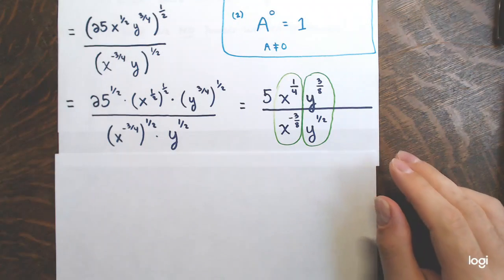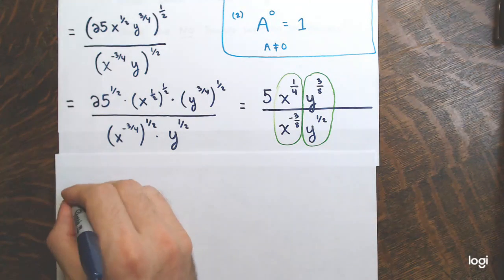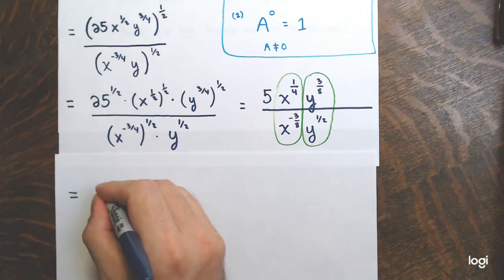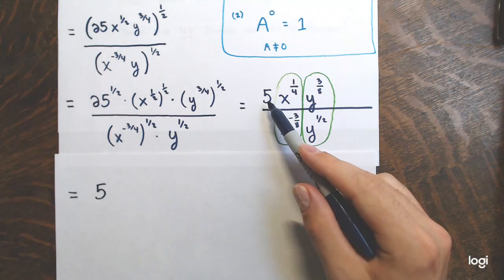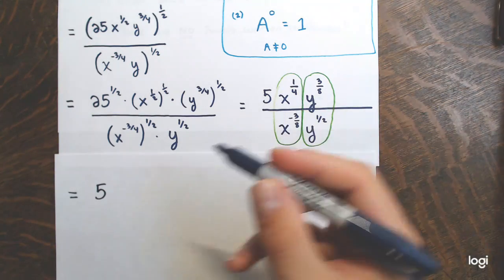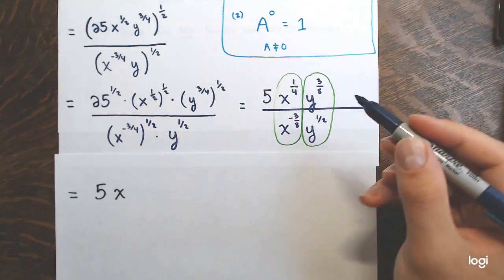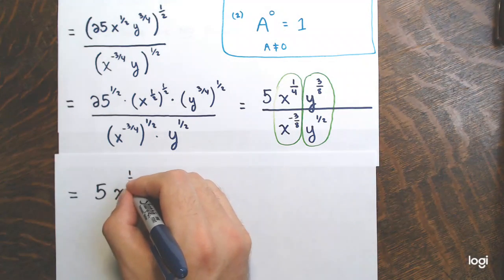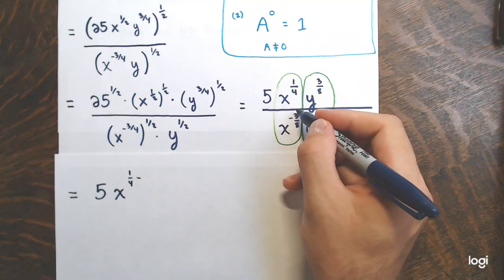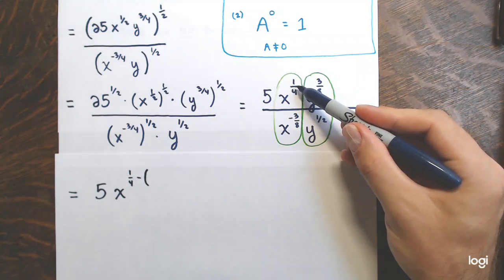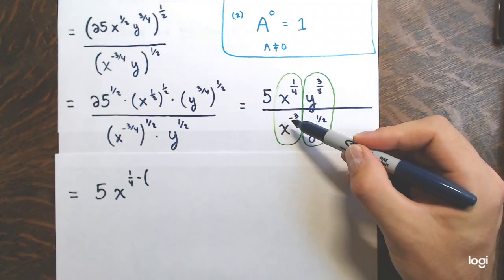All right, so this is equal to, well, I've got the factor of 5, 5 over 1, 5, right? There's 5 times, then when I divide these two out, you have that base of x to the 1/4 minus, so the numerator power minus the denominator power. So this is where it might get a little tricky. It's the numerator exponent, remember, minus the denominator exponent.